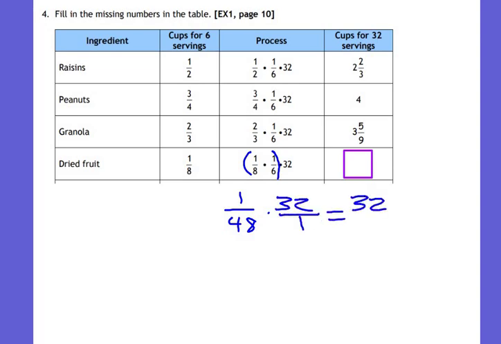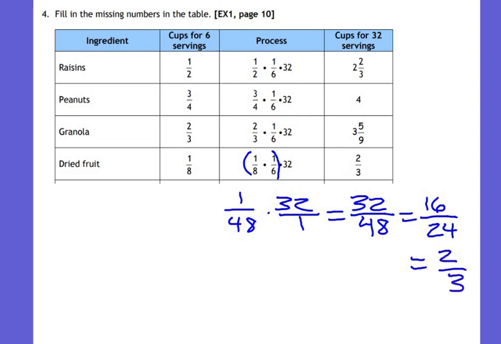That gives me 32 over 48. Simplify that. I want to just go a half. That gives me 16 over 24. Then I could do 8. 8 gives me 2/3. There it is, for dried fruit.